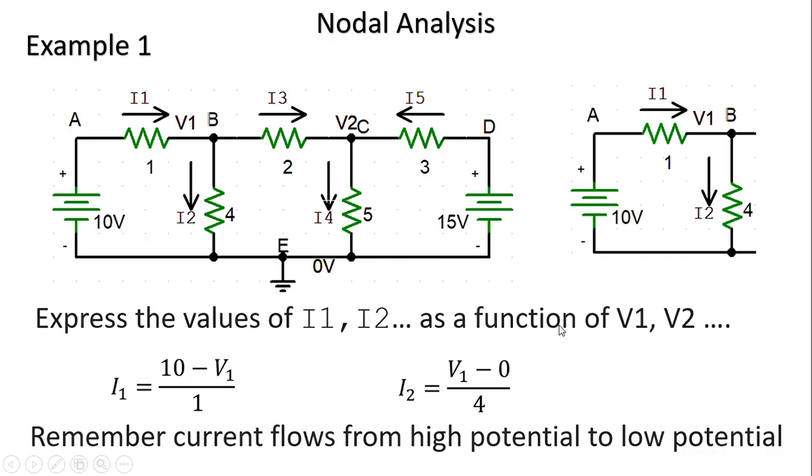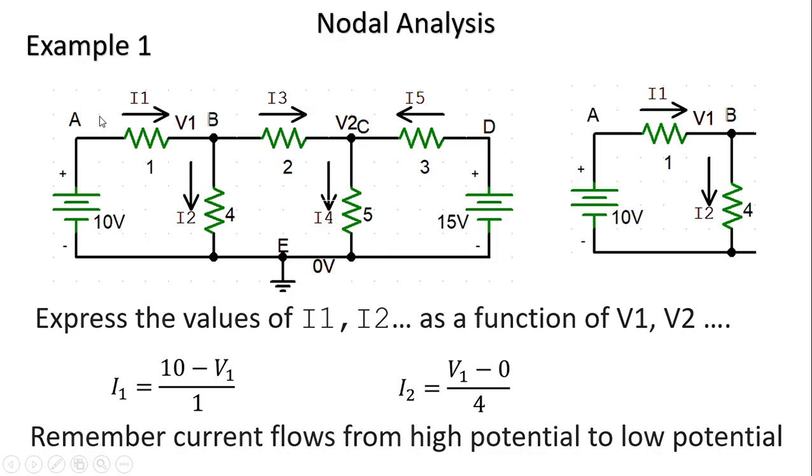Now we are going to express those values of I1, I2, I3 and so on as functions of the node voltages V1, V2, and so on. Let us write the expression for I1. I1 is the current starting from A going towards B. Current flows from high potential to low potential.